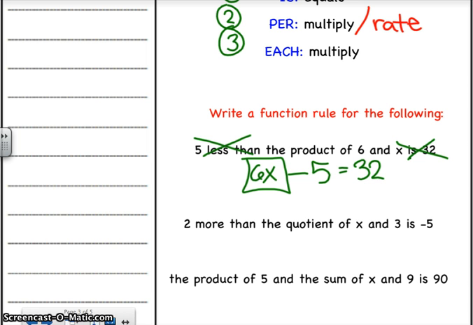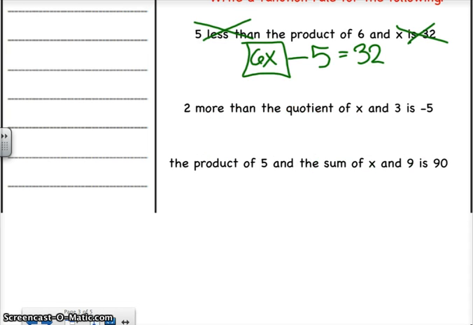Next one, 2 more than the quotient of x and 3 is negative 5. 2 more, that's plus, right? 2 more than the quotient of x and 3. What does quotient mean? Divide.